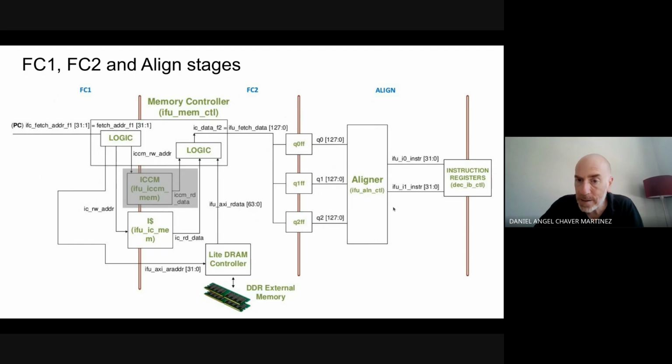Okay, so the aligner will receive the instructions from these buffers, and the memories will fill the instructions into these buffers. Okay, so the aligner is responsible for selecting two instructions per cycle from these three buffers.